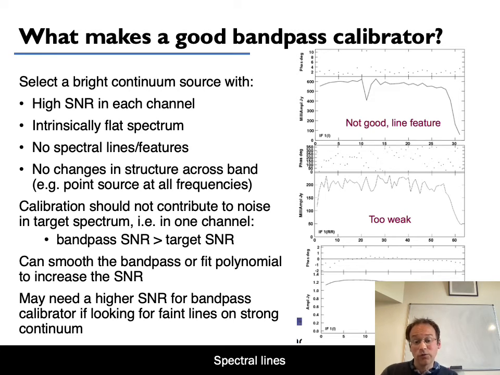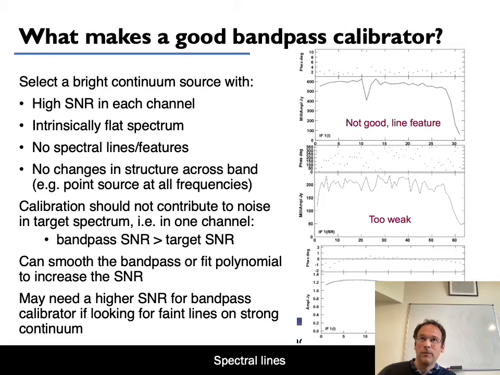In doing so, you're transferring any noise that's in those calibration solutions to your target spectrum. And so you want that to be as small as possible relative to the target spectrum. So you want to choose a source that is significantly brighter, maybe a factor of 10 or more brighter than any emission line you're trying to detect, or a continuum source where you're trying to detect absorption lines.